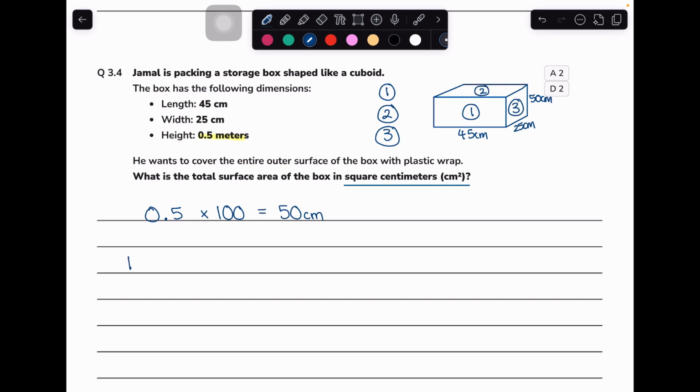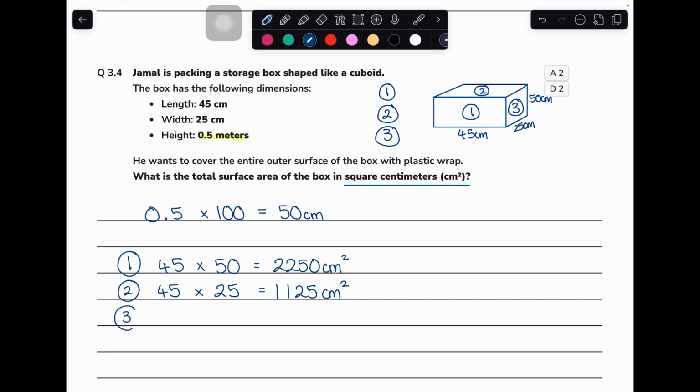So for the surface area of shape 1, which is 45 by 50, so 45 times 50, that gives us 2,250 centimeters squared. Okay, the second shape we have 45 multiplied by 25, which would be 1,125 centimeters squared.